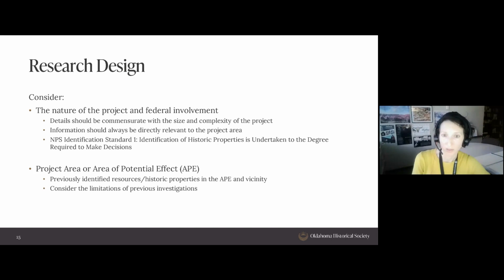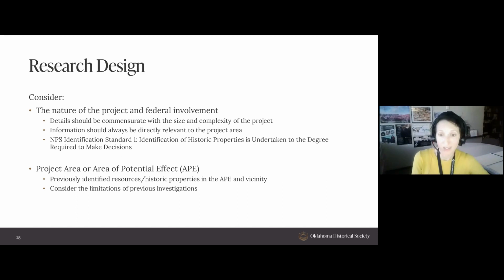The National Park Service Identification Standard 1, identification of historic properties is undertaken to the degree required to make decisions. So remember, you are looking at your goals and you're looking at the project and making sure that the work you're doing is meeting those goals and is recognizing the properties you know exist, the environment you're working in, etc. The project area or your area of potential effect, you're looking at previously identified resources and historic properties in the APE or the project area and the vicinity.